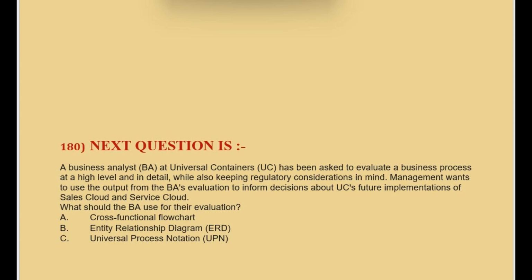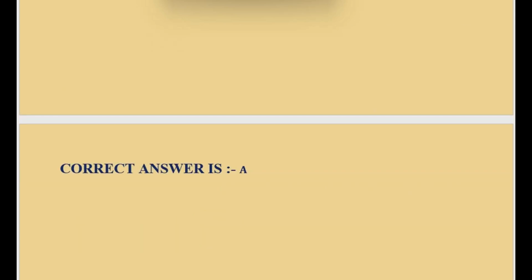What should the BA use for their evaluation? Option A, cross-functional flow chart. Option B, entity relationship diagram (ERD). Option C, universal process notation (UPN). Correct answer is option A.